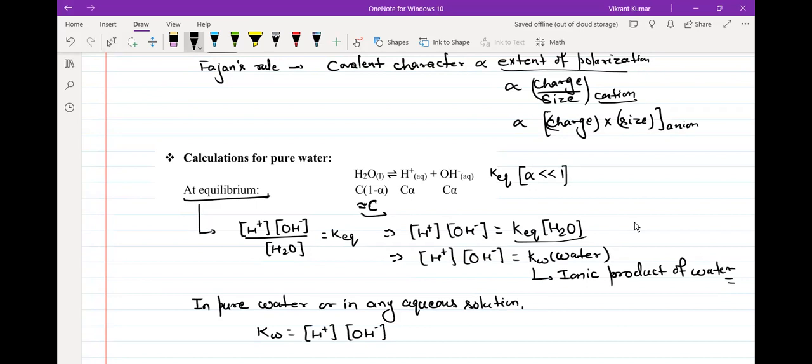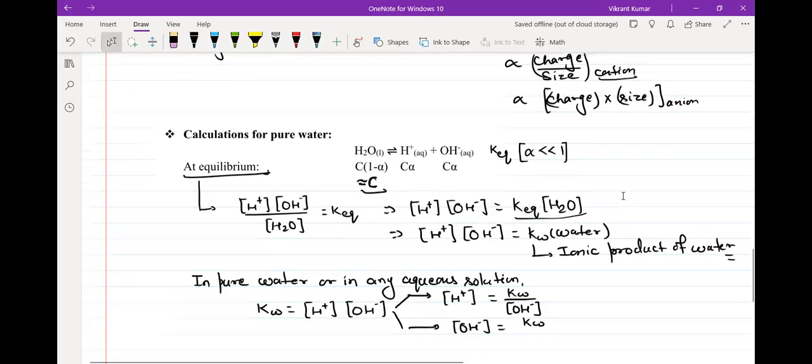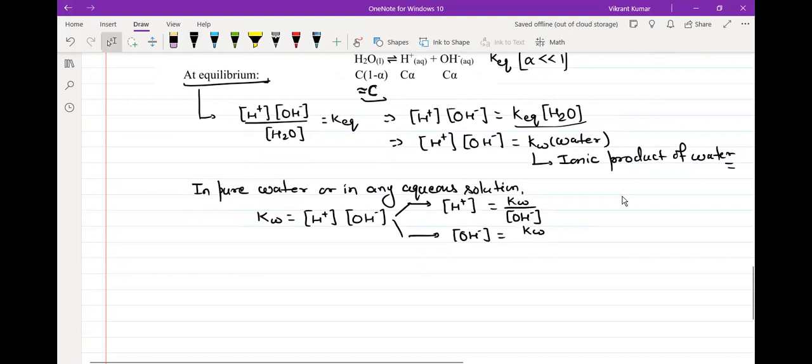That means in future, if I know H plus ka value and if they are asking you OH minus ka value, we can always write Kw by H plus will be OH minus. So that means in future, if I need H plus in any aqueous solution, we can write Kw by OH minus. If I need OH minus in aqueous solution, we'll write Kw upon H plus. ठीक है, और इसको बार बार यूज करूंगा मैं. Is it okay?